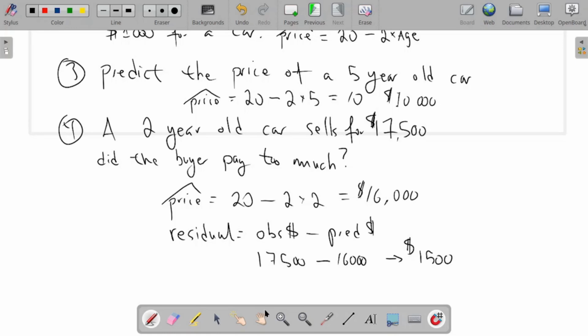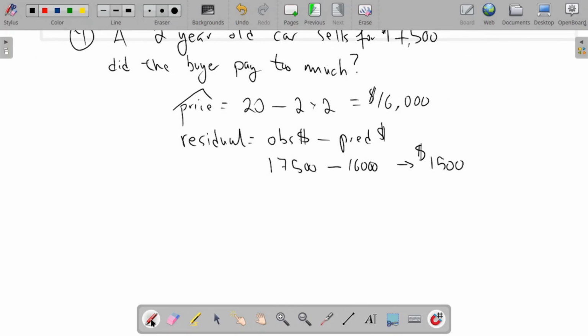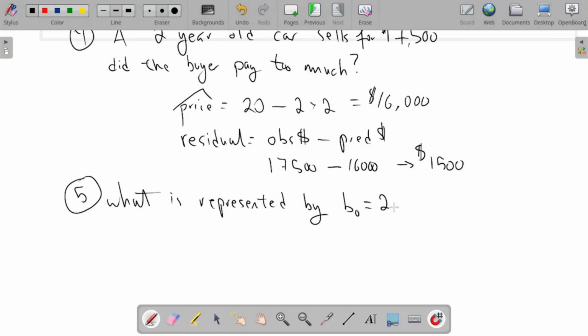Now, there's one other question that you can get asked here. I haven't written it down, but I'm going to do it now. Number 5, and that is what is represented in context of this question. What is represented by the y-intercept equals 20?